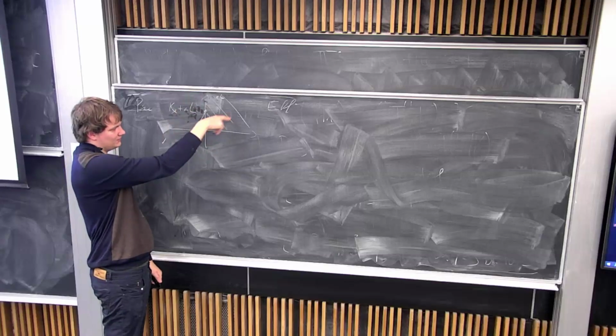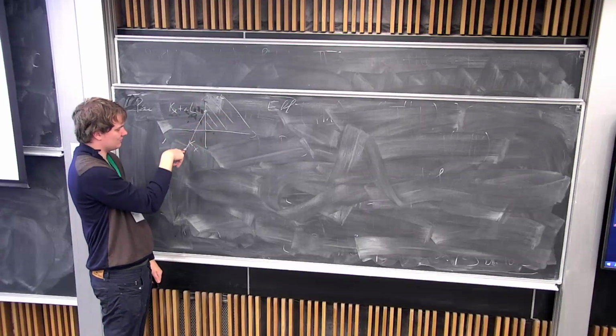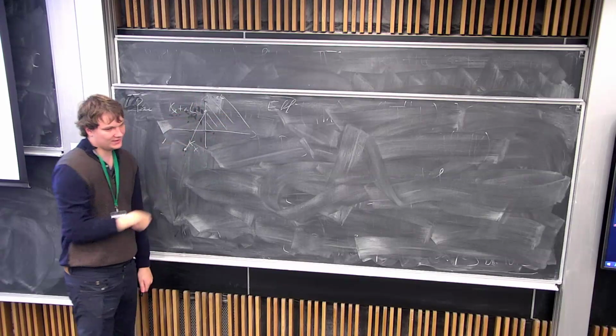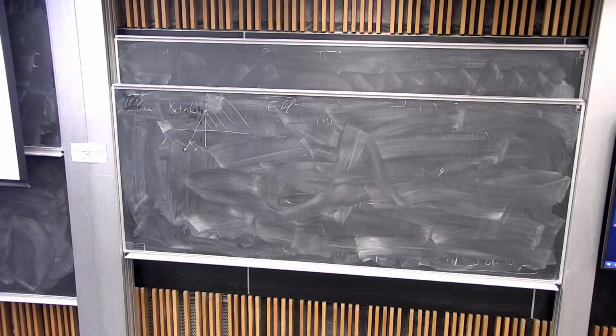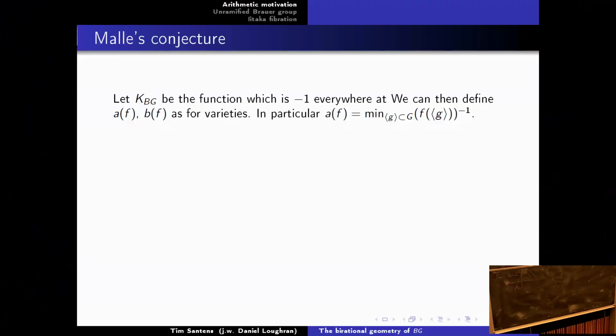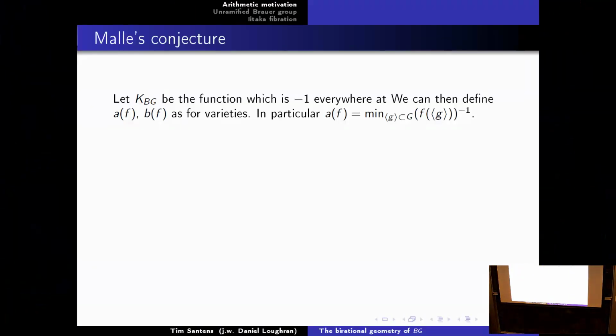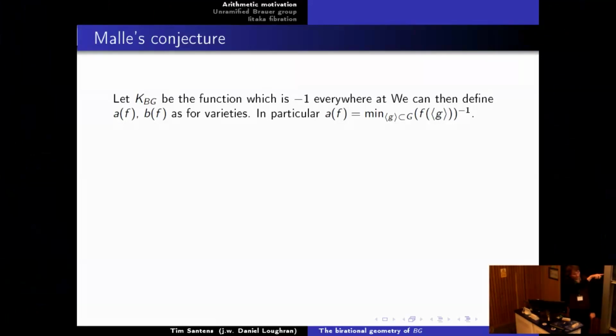We have some cone of effective things in this, and we have some element K_X. So we can define the a and the b invariants and the adjoint divisor completely analogously to this case. And if you work out what everything means, the value of a is the inverse of the minimum value achieved by f, and b is the number of values where it is achieved.